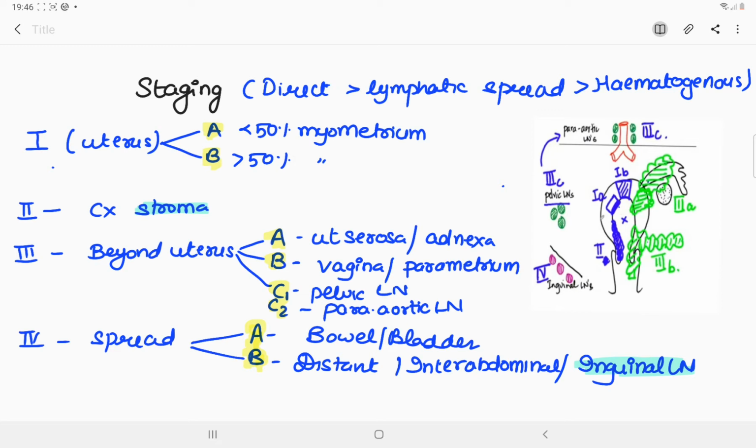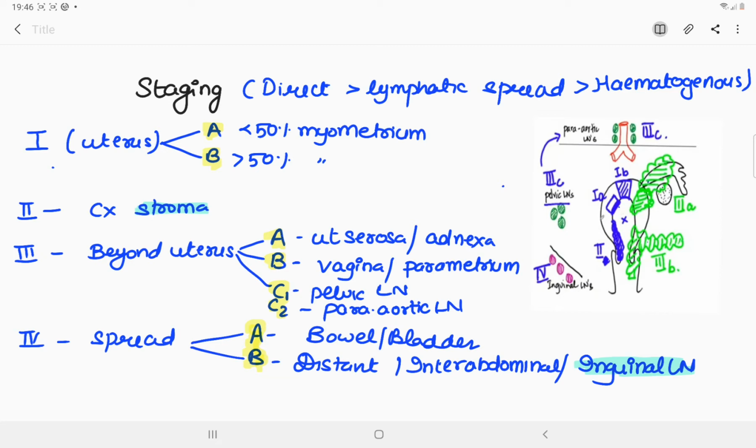Let's discuss the surgical staging. It is divided into 4 stages. Stage 1 is confined to the uterus. 1A is less than 50% myometrial involvement. 1B is more than 50% involvement. Stage 2 is cervical stromal involvement.